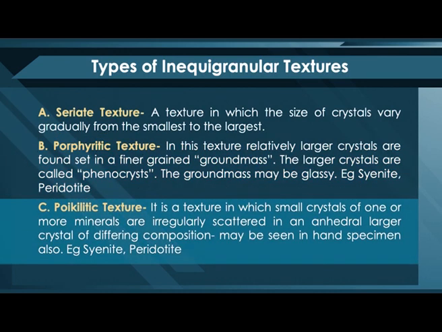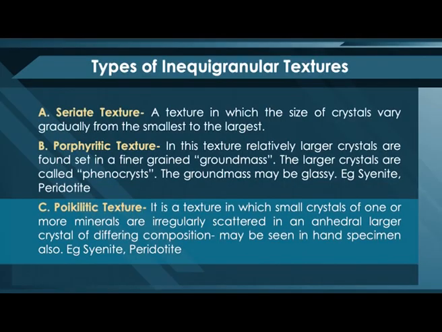The third variety is called poikilitic texture. It is a texture in which small crystals of one or more minerals are irregularly scattered in an anhedral larger crystal of differing composition. So, there are two types of crystals present. Let us call them crystals of A and crystals of B. Large crystals of A will enclose smaller crystals of B. That is called poikilitic texture.